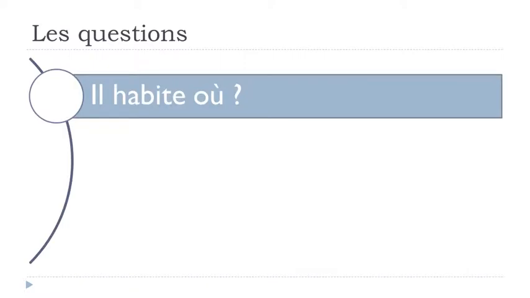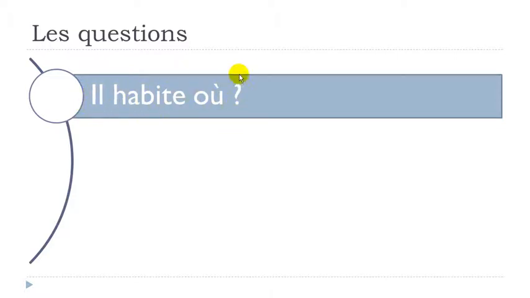Let's see another one. If you want to ask where someone is living: Il habite où? Technically you just put the words in the normal order. So il, he, habite, lives, où, where. In that case, you will have to raise your voice as well.